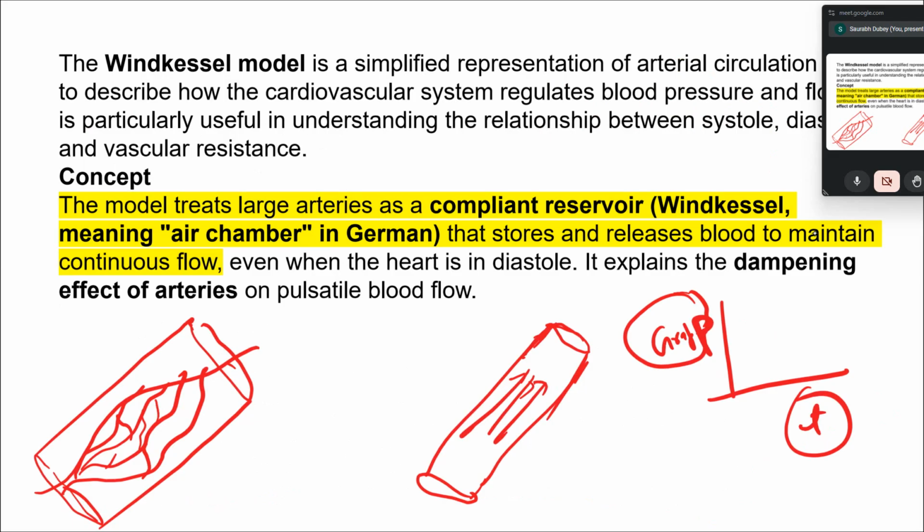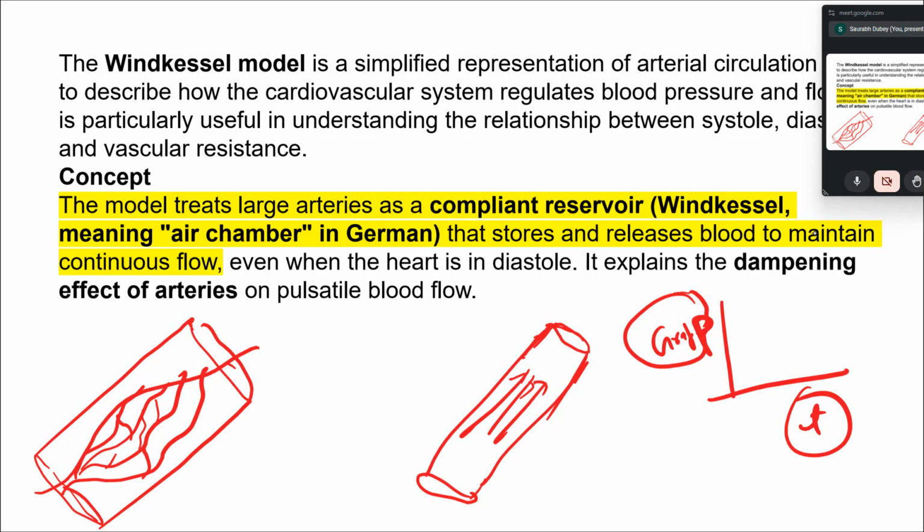And the Windkessel model we have also seen is a simplified representation of the arterial circulation to describe how the cardiovascular system regulates blood pressure and flow, useful in understanding the relationship between systole, diastole, and vascular resistances, right? In this Windkessel model, he has used a compliance reservoir where the model treats large arteries as a compliant reservoir, meaning an air chamber, that stores and releases blood to maintain continuous flow, even when the heart is in diastole.